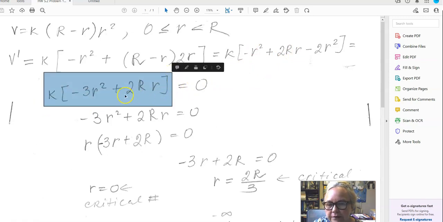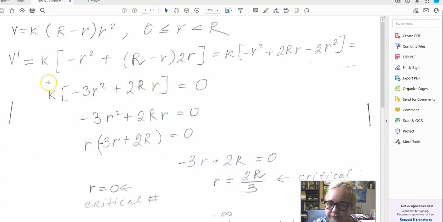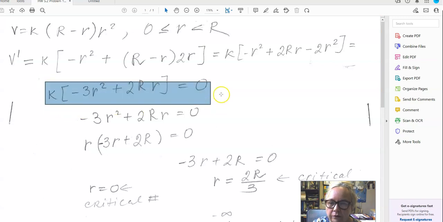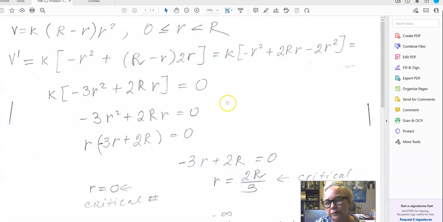Now, once we got this expression, we need to find the critical numbers. To find the critical numbers, I remind you again, we need to find all zeros of this equation, or find the values of r for which the derivative does not exist.